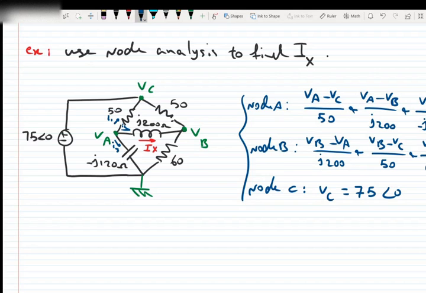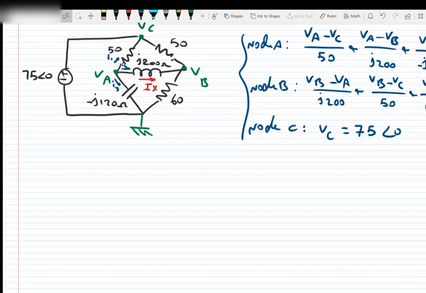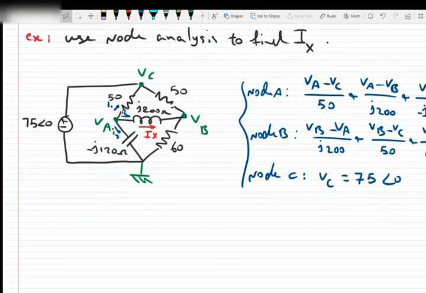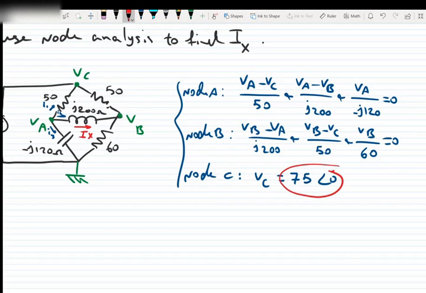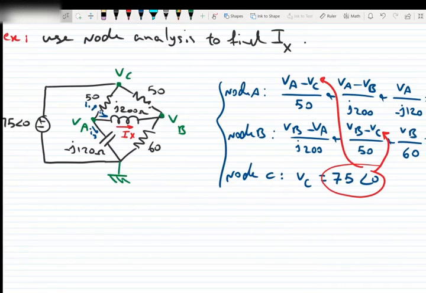Now that we reached this point, we will just factor out node voltages VA, VB, and VC, and write equations. But in order to minimize the size of matrices, instead of writing a 3 by 3 matrix, we substitute VC in the other two equations with the value of 75 with the angle of 0. So we will have two equations and two variables because VC is already known.